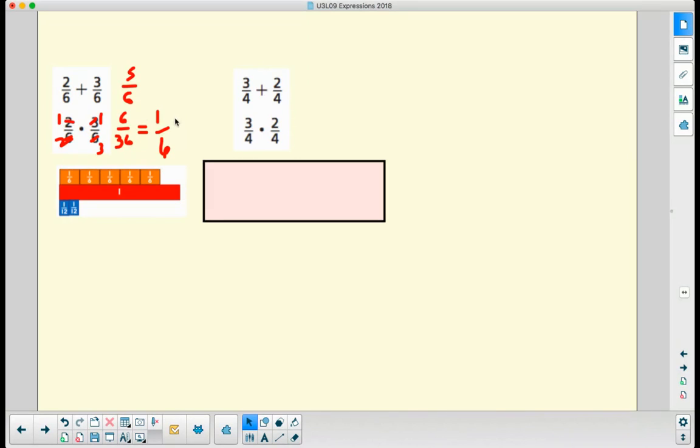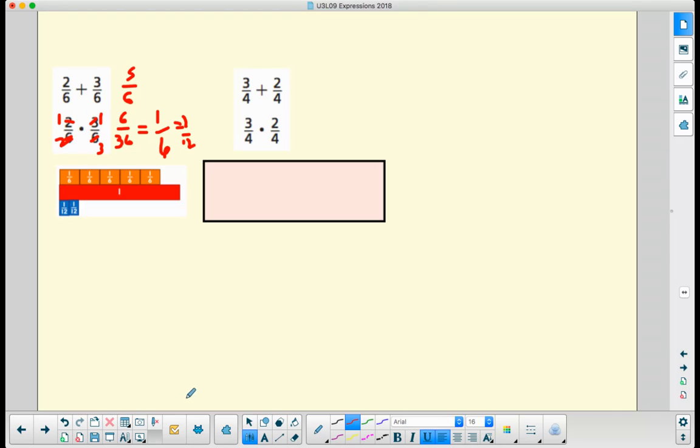So I shouldn't have simplified this quite as far as I did, I guess. 1/6 is also equal to, multiplying by 2 and 2 would give me 2/12ths. So that shows how adding fractions gave me greater, but multiplying fractions gave me less.